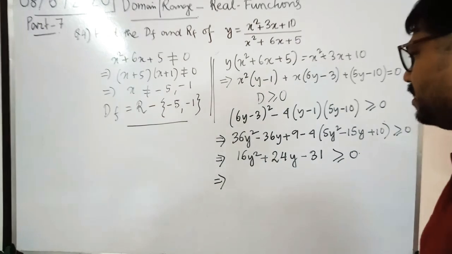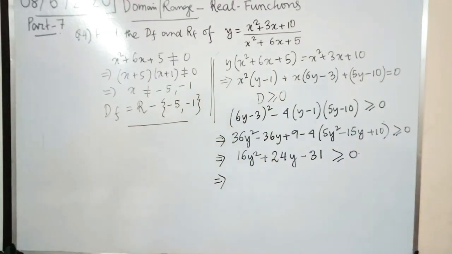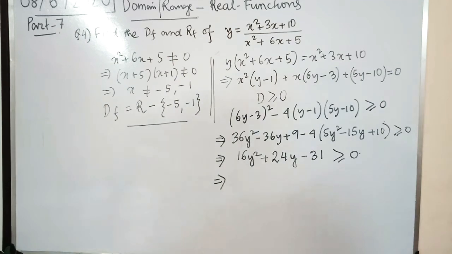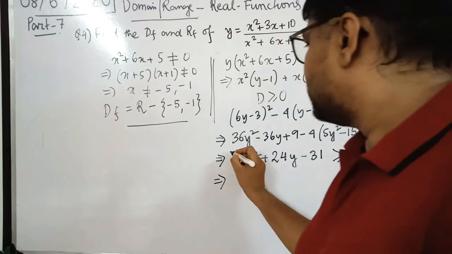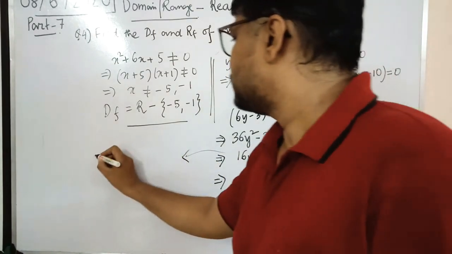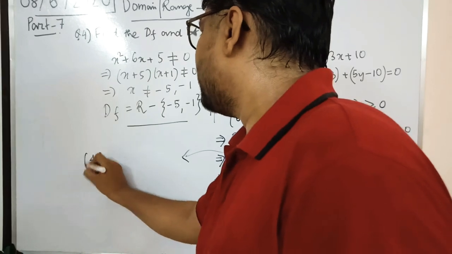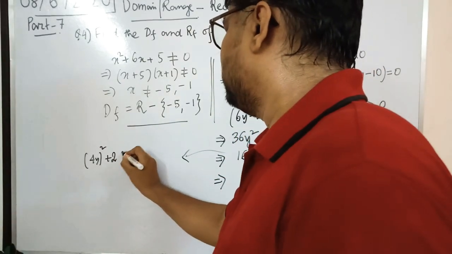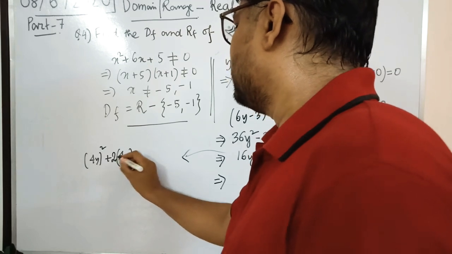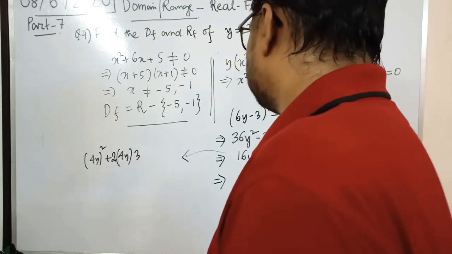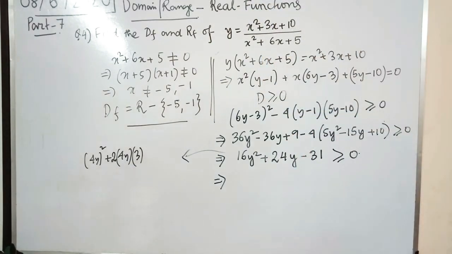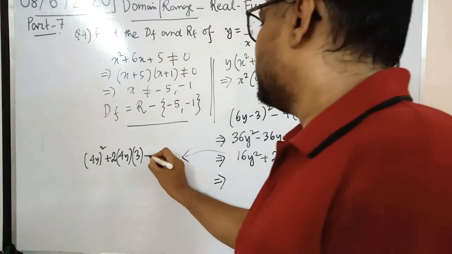That would be nice for this, because if you try to do Sridharacharya, it will be very long. So I'll do some rough work over here. So that is maybe 4y square, then plus 2 into 4y, then 3. Okay, so I get a 24 over here. Then plus 9 I got.